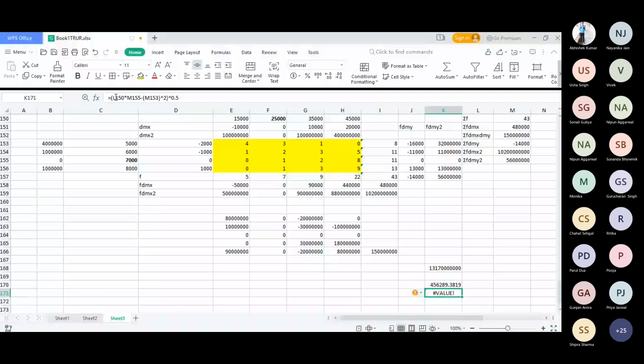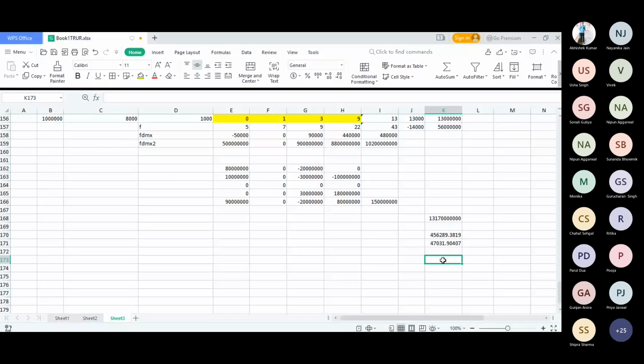Let me apply the formula again: summation of f multiply by summation of f dmy square minus summation of f dmy whole square, and the whole under root. So this becomes your second part of the denominator.